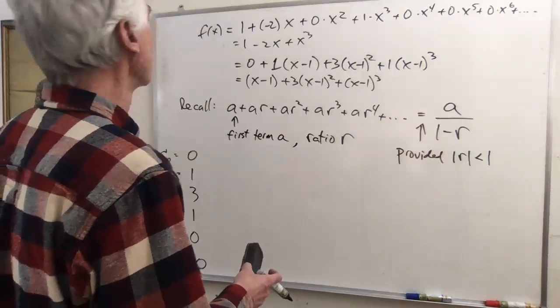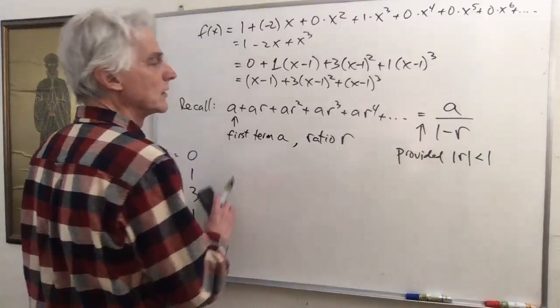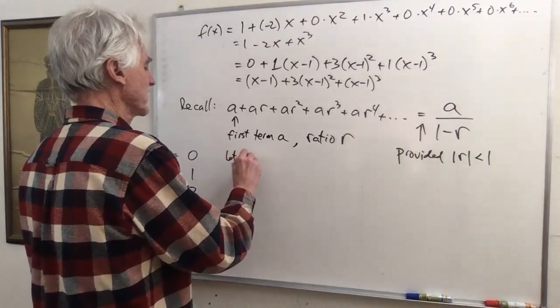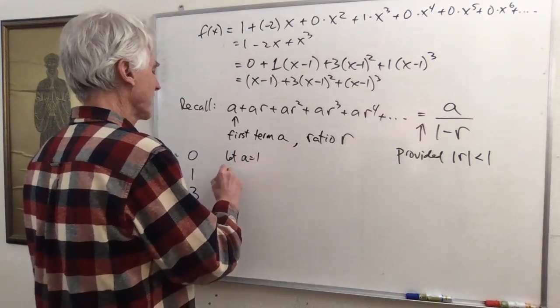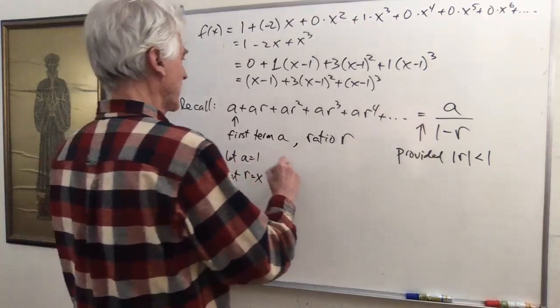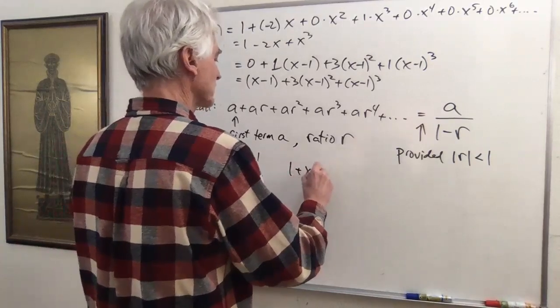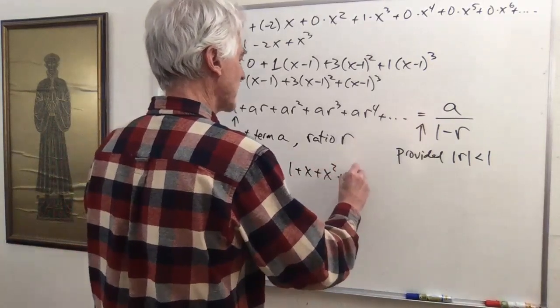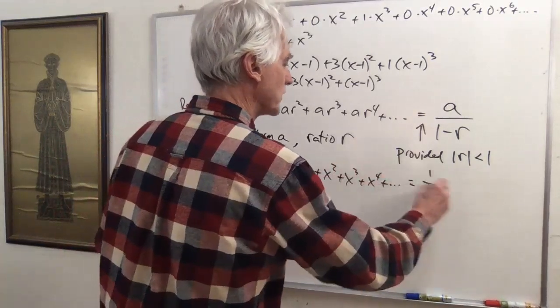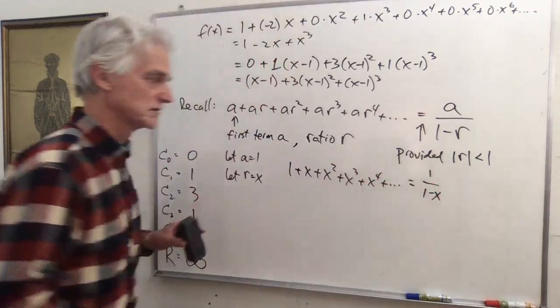Well, let A be 1 and let R be x. So then I get 1 plus x plus x squared plus x cubed plus x fourth plus dot dot dot equals 1 over 1 minus x.